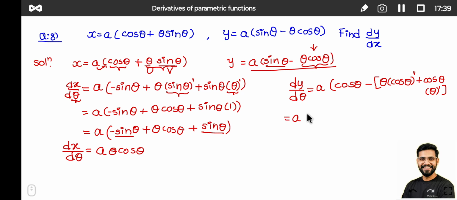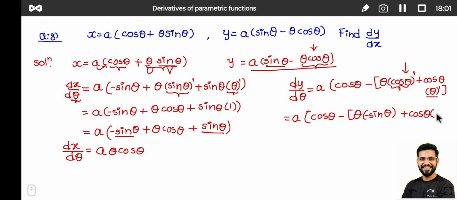So a outside as it is, bracket, cos theta as it is, minus bracket, we have to solve this derivative first, theta as it is, derivative of cos theta which is minus sin theta, so again one more bracket, plus cos theta as it is, and derivative of theta which is 1.